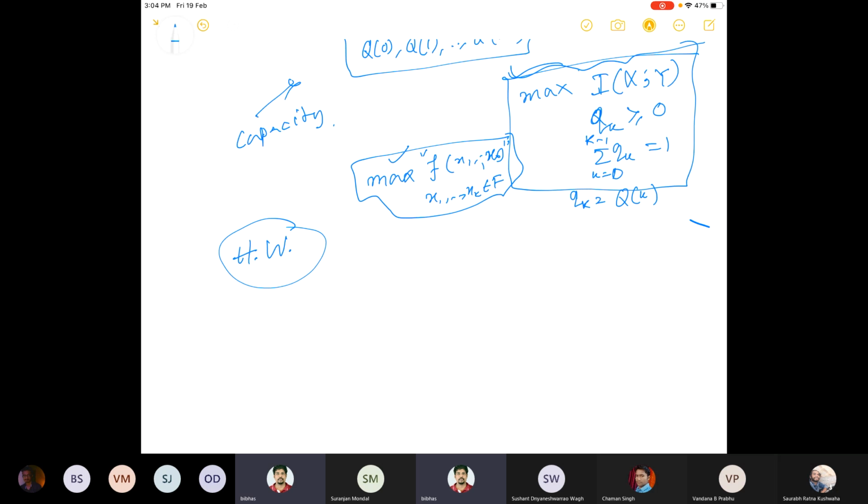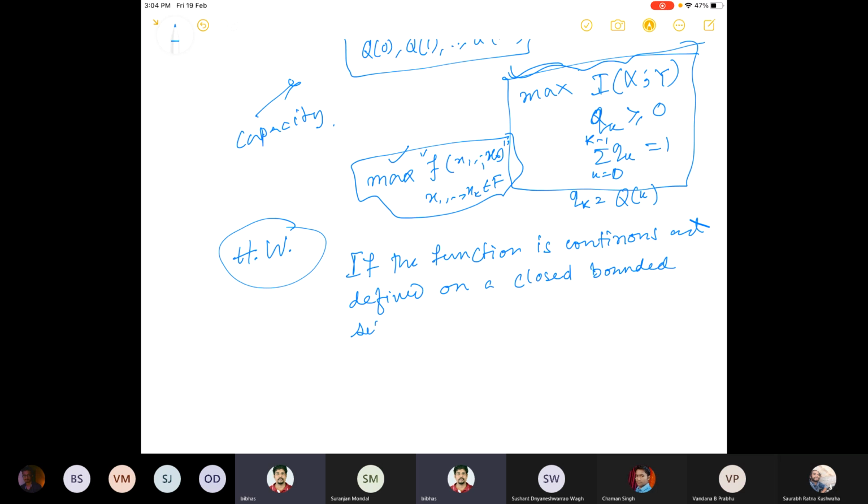So if the function is continuous and defined on a compact set, or let us say on a closed and bounded set, so the domain, the feasible region, is a closed bounded set, then a maximum always exists.